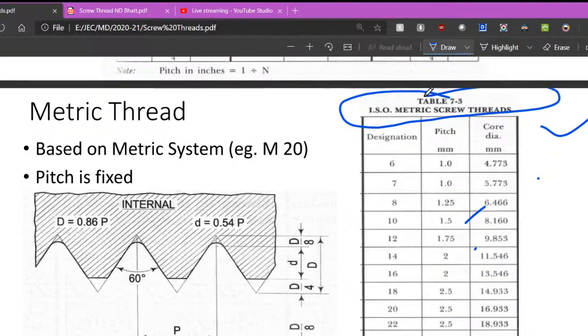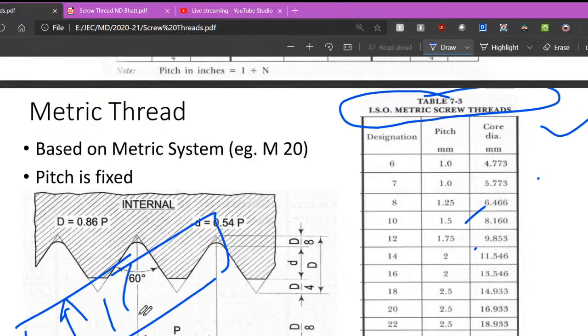They have provided this table, and suppose your nominal diameter is 16. You measured it on a vernier caliper and you found that the diameter is 16 mm.